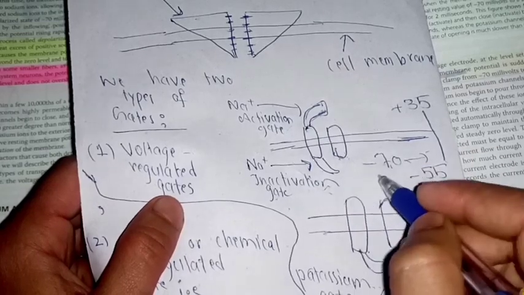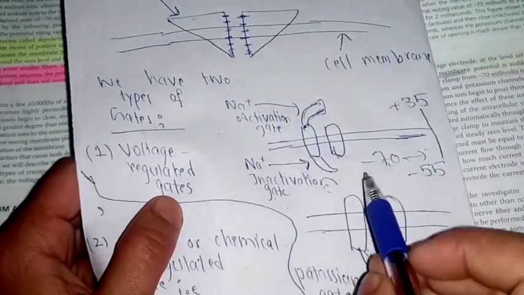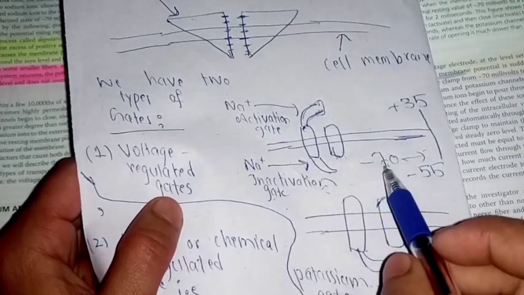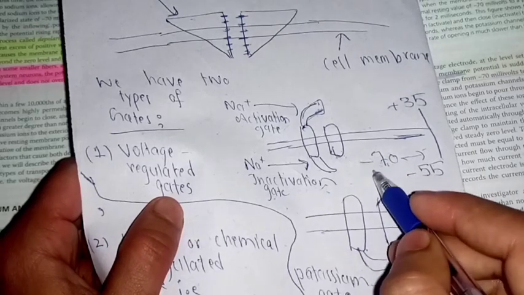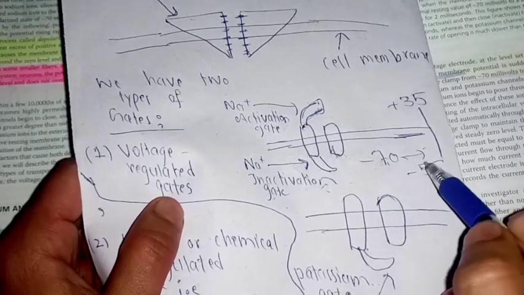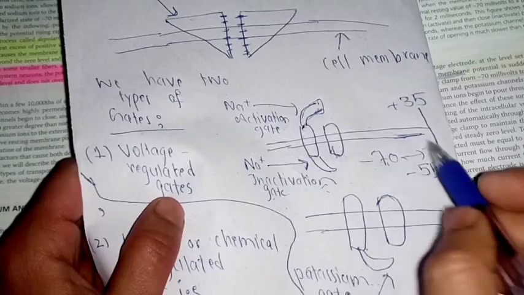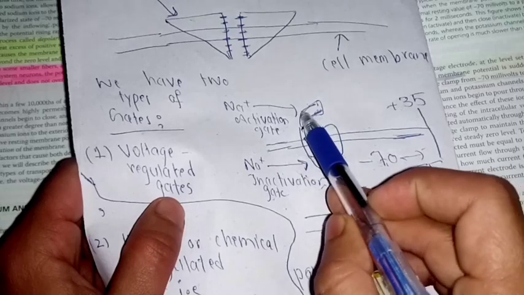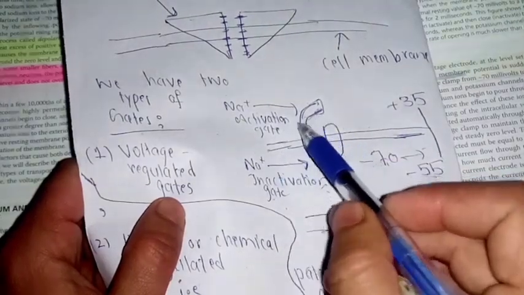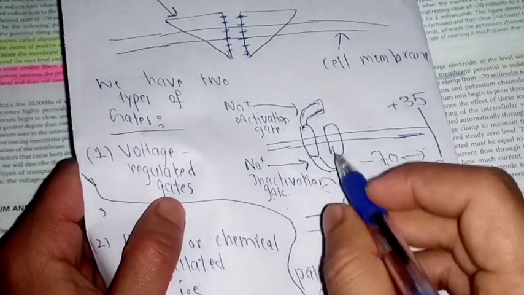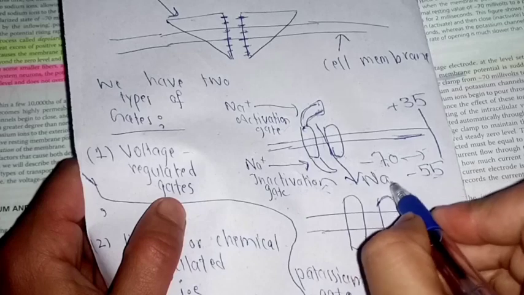Any disturbance, whether chemical, mechanical, or electrical, which raises the negativity inside the membrane from minus 70 to minus 55 millivolts reaches the threshold for the opening of this activation gate. This will open the activation gate of sodium, and the sodium ions will diffuse to the inside and develop the depolarization and action potential.